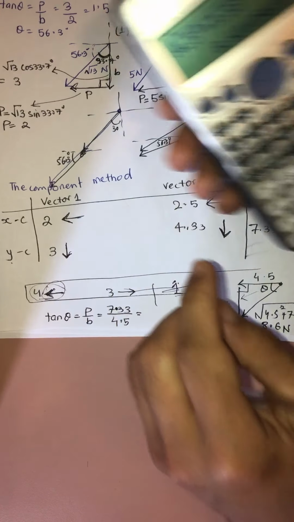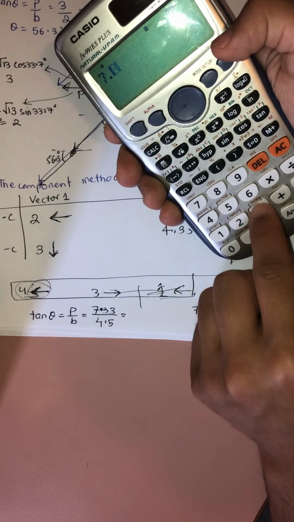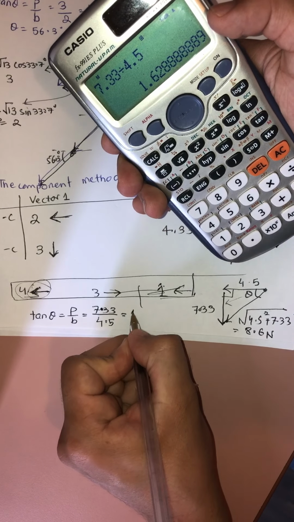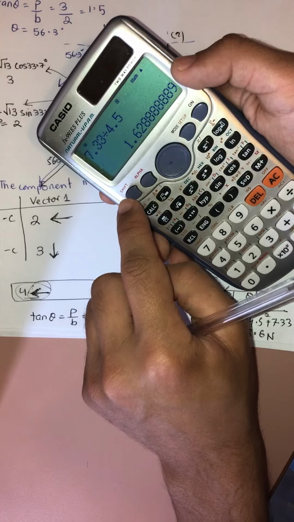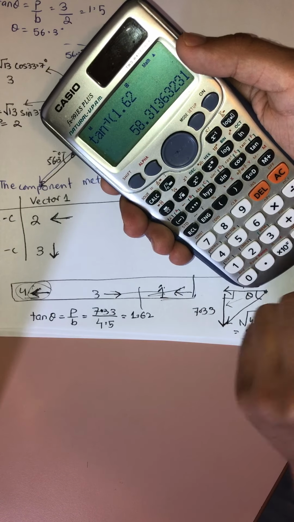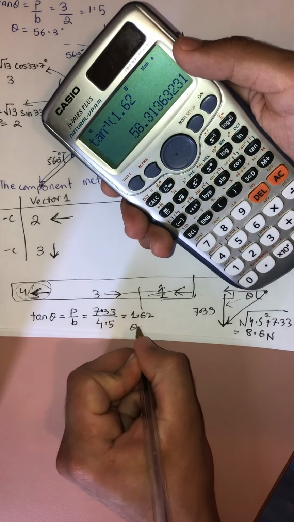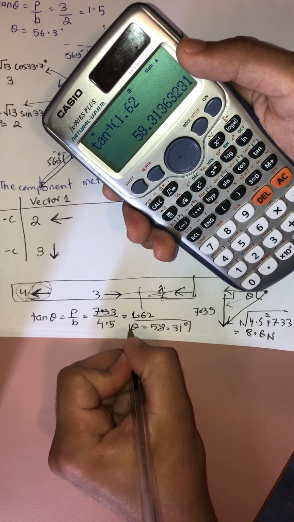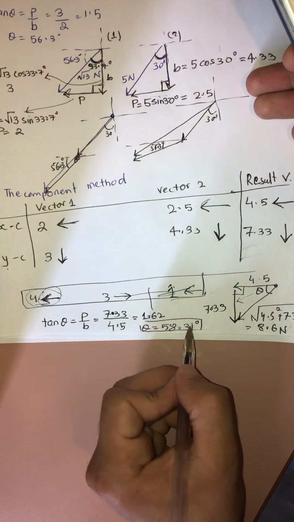This gives 1.62, and we do shift tan inverse 1.62. This gives 58.3 degrees. So theta is 58.31 degrees. Now your question is complete because you have found the magnitude of the resultant and the direction as well.